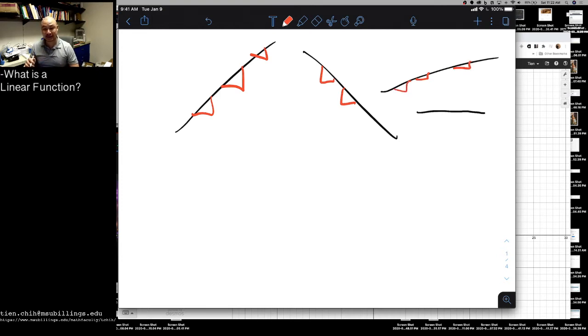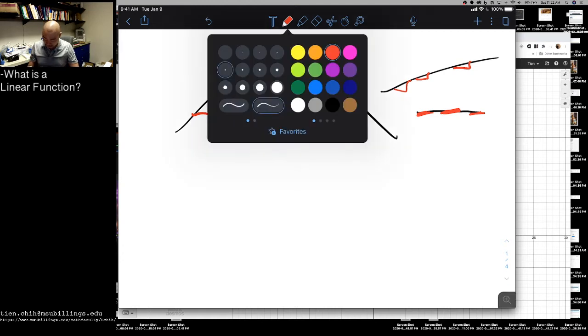But nevertheless, every time I shift over, I'm going up by the same amount no matter where I am. And here on a horizontal line, I am changing by the same amount no matter when I move right. It just so happens that that change is zero.